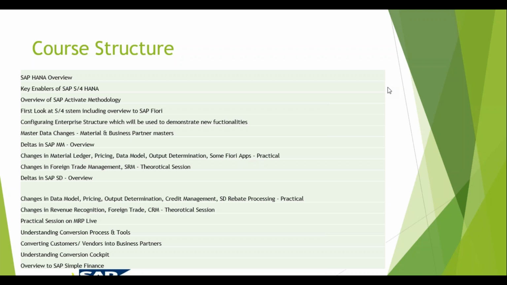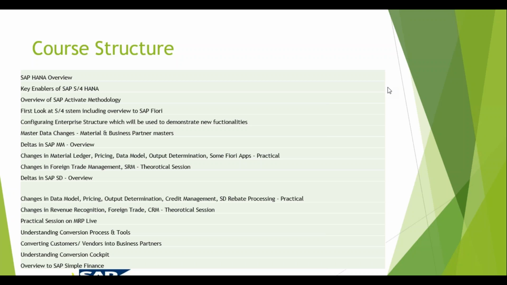Okay. And what are the major changes between 1511 and 1610 from a logistics perspective? If I talk about the core modules, MM, PP and SD, there are not many changes, because whatever changes are coming, they are coming from, let's say, EWM and IBP. The flow is like this. First, SAP came up with 1503, in which they only simplified the financials.